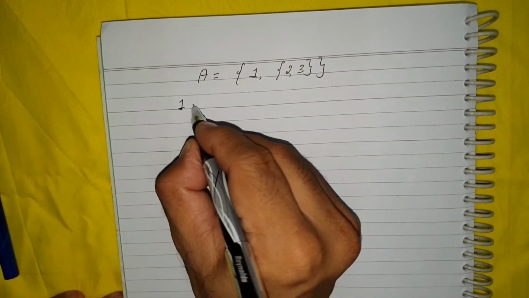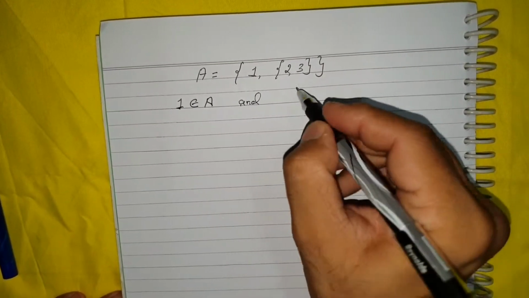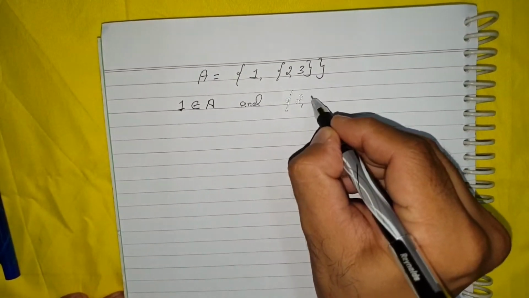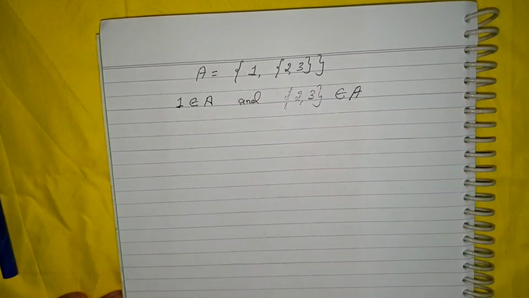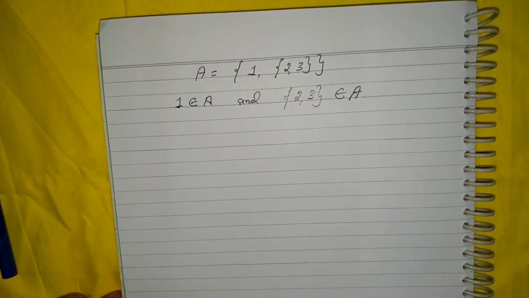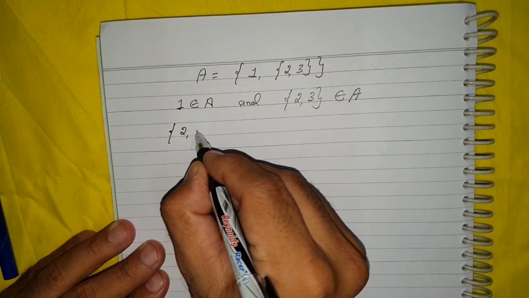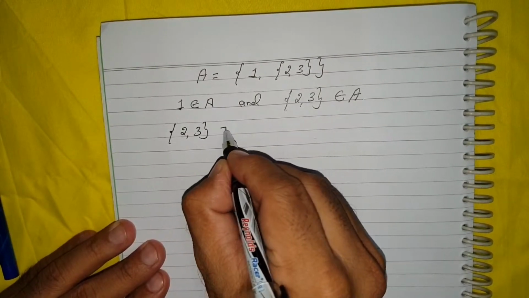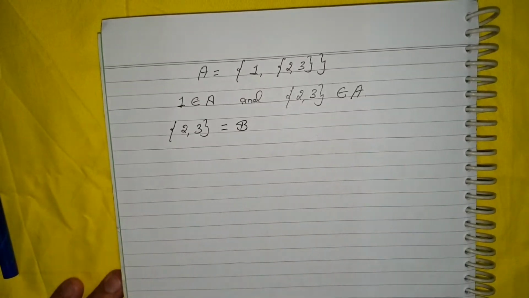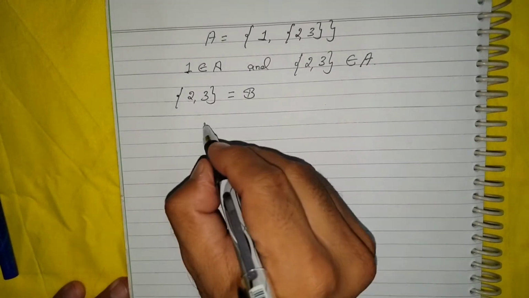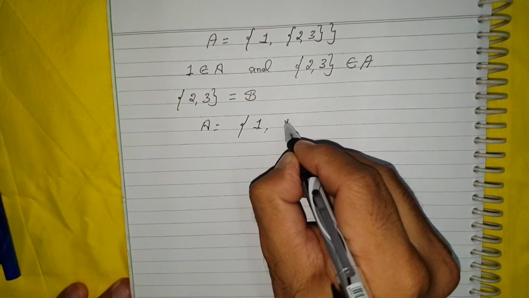So we can write 1 belongs to A and {2, 3} belongs to A. Now for convenience, just take {2, 3} equals B. So basically set A will become {1, B}.